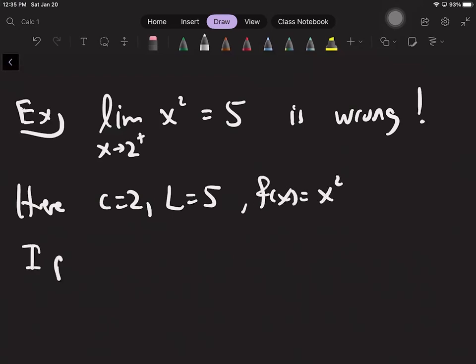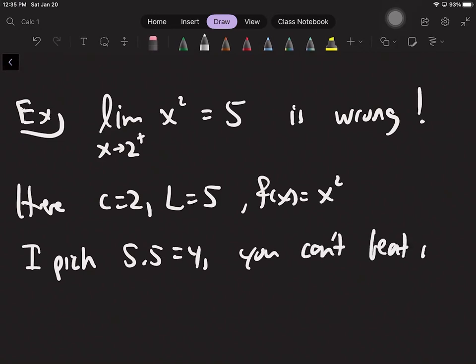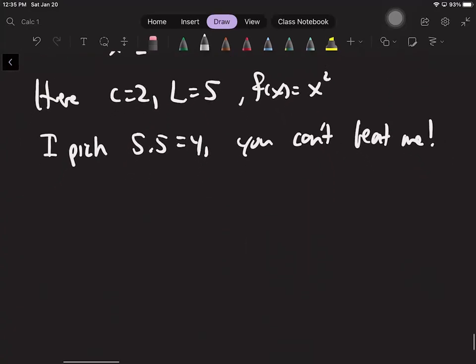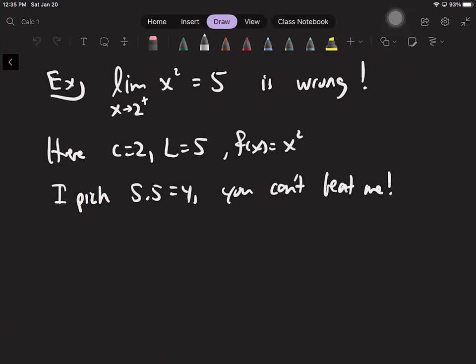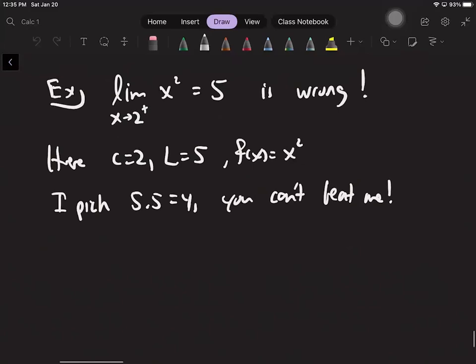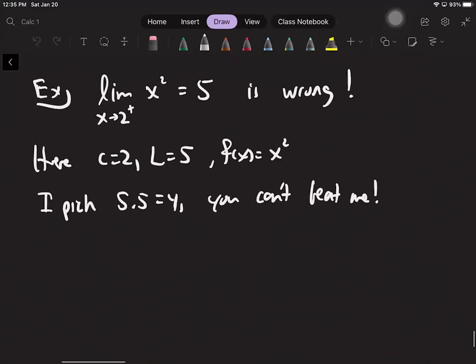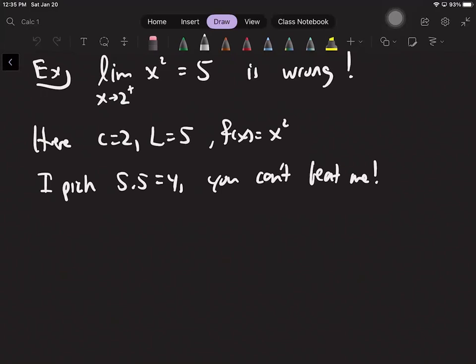If I pick a number like 5.5 for my y, you can't ever beat me like you could in the previous game. Okay, so that tells you that 5 is wrong because I picked something close to 5. You are unable to defeat me and get closer to 5 than I am. The correct answer is actually 4, but again, we're not going to worry about that.